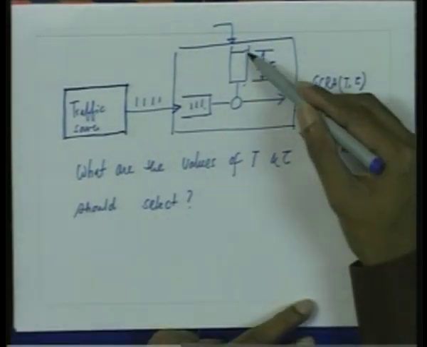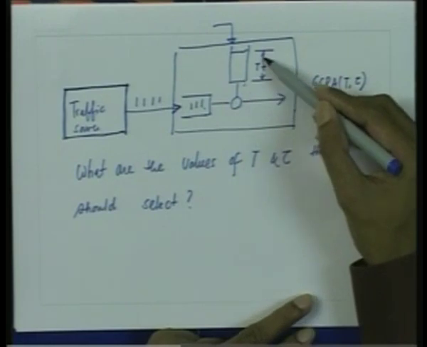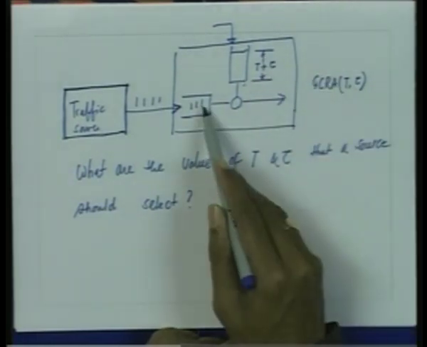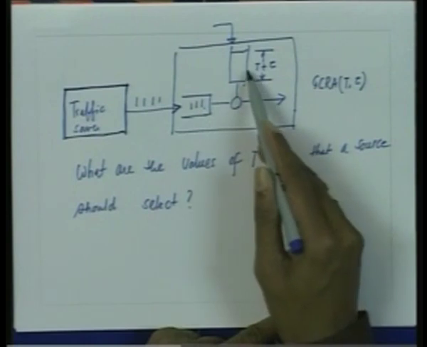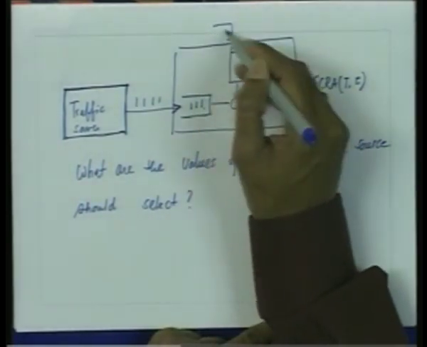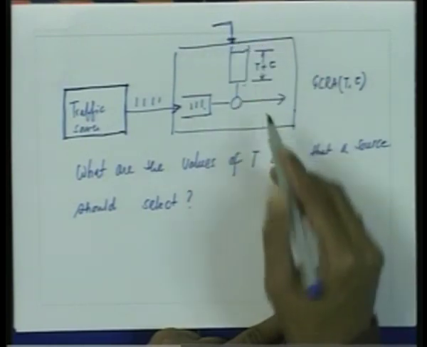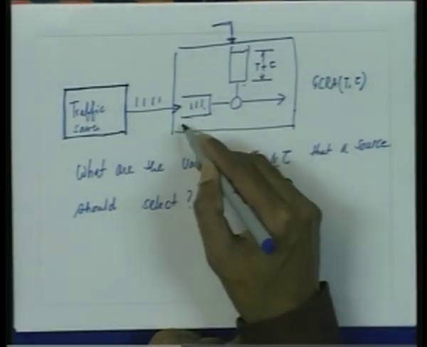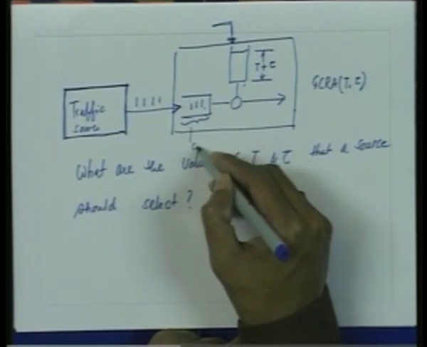Now, this bucket is initially full with a depth of T plus tau, and whenever an ATM cell comes, it takes away capital T units of fluid while fluid accumulates in this bucket at a unit rate. There may be a cell buffer here.